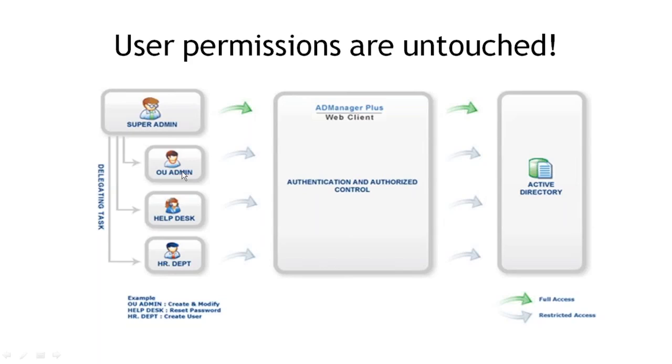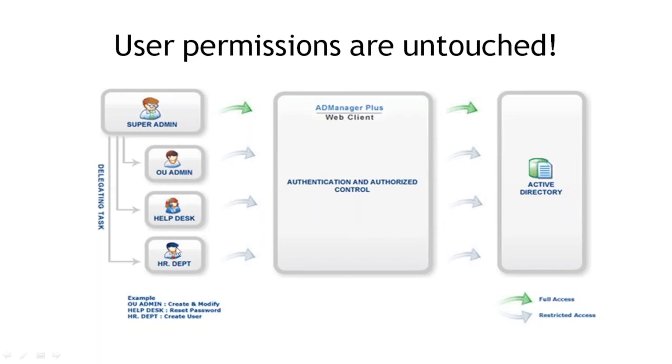That's the best part. There's a difference here. The super admin has domain admin rights or enterprise admin rights in Active Directory. They can log in and perform actions that they want, whereas the other users will be performing actions in Active Directory, but they will not have any permissions mapped to them in Active Directory.